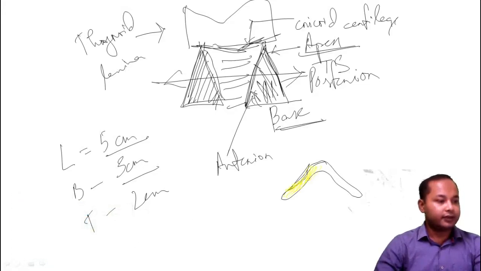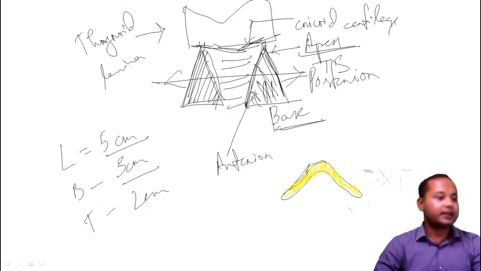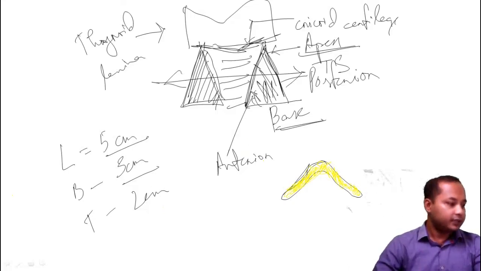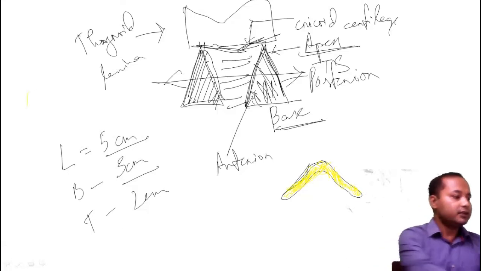What is the thyroid cartilage? I think you already know this is hyaline cartilage. When you look at the gland at this particular level, just below the thyroid cartilage, I have drawn to orient you that there is an organ just behind the thyroid cartilage. This is part of the larynx, right?